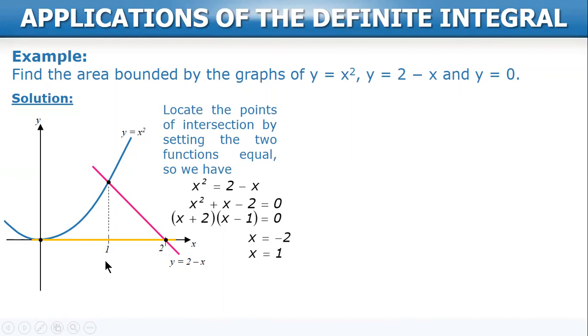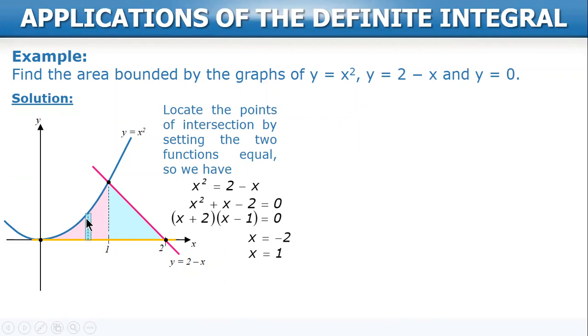So we have two areas, this one and the other one, because they have different conditions. For the left portion, the upper graph is a parabola. In the right portion, the upper graph is a line. And so we are going to break this into two integrals.